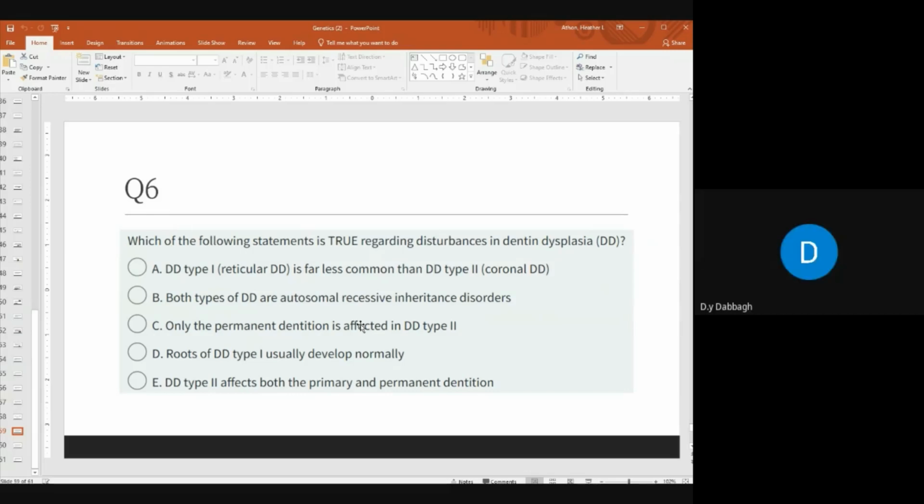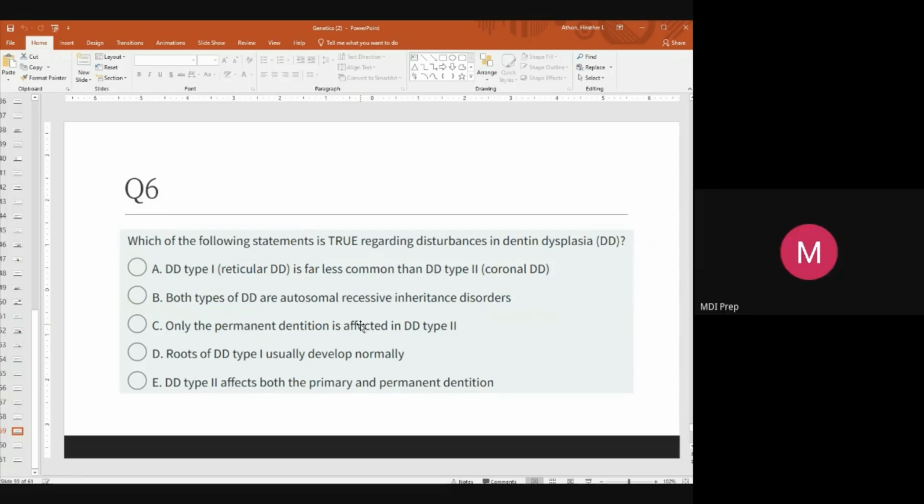Yes. So type 2 affects the primary and the permanent. What about type 1, is it not affecting the primary? So type 1, the teeth themselves look normal, just the root is short, right? Right. They'll have kind of short, fat roots.